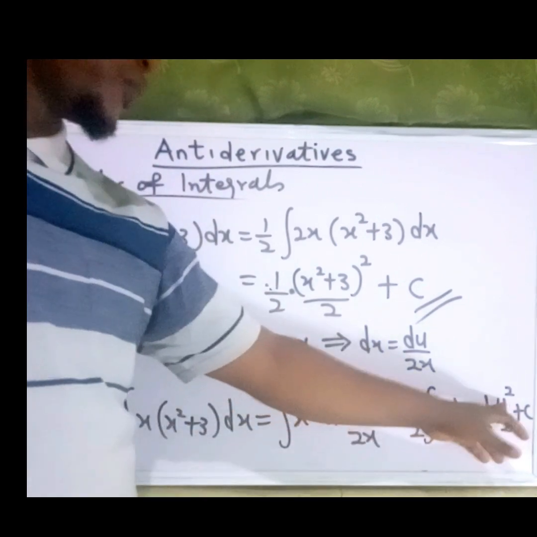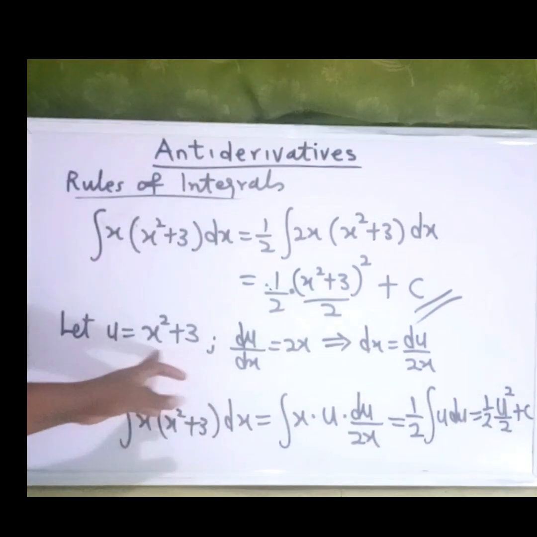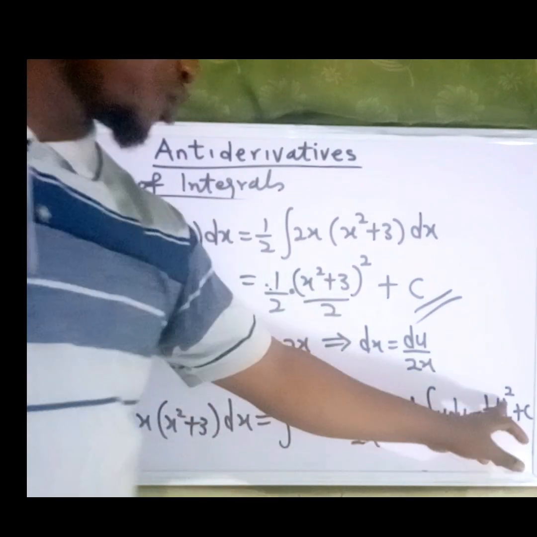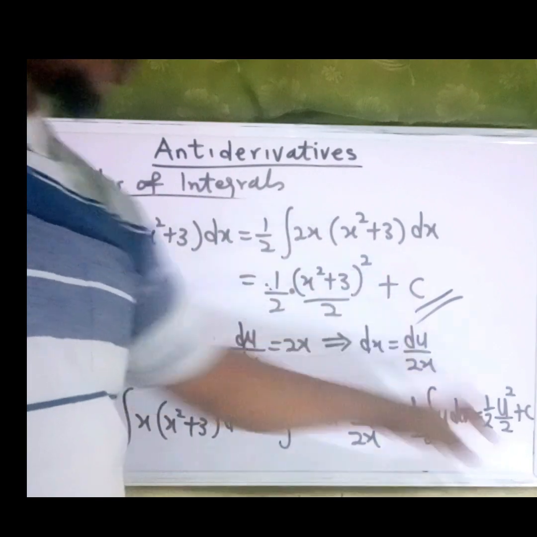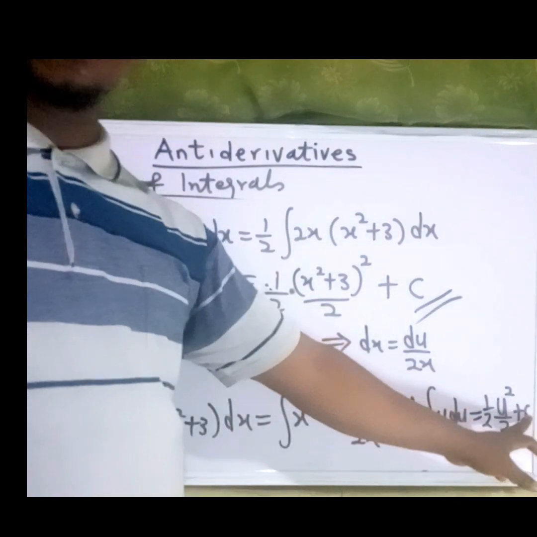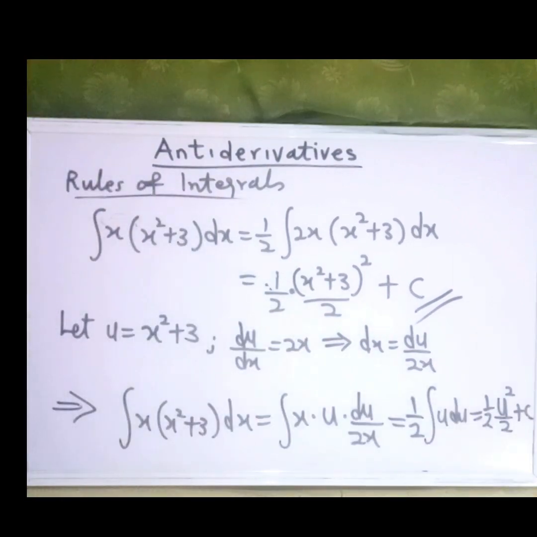Then when we replace u, we have u squared, meaning this term squared over 2, then 1 over 2 outside there, then the constant of integration. So that is why we got this through substitution.